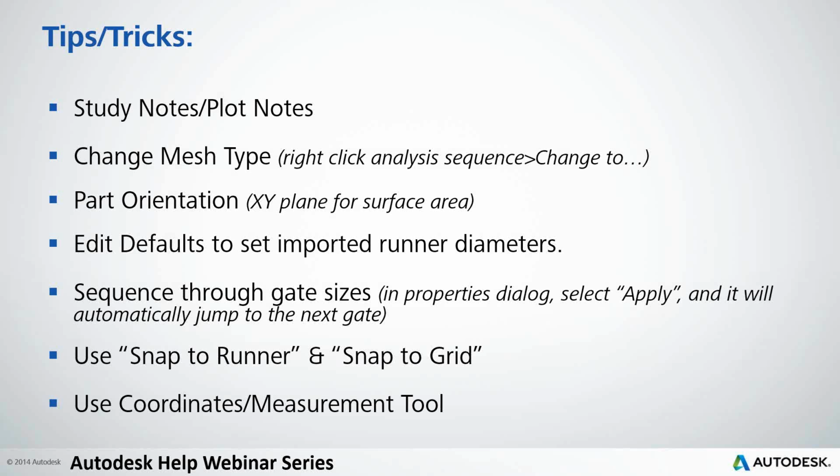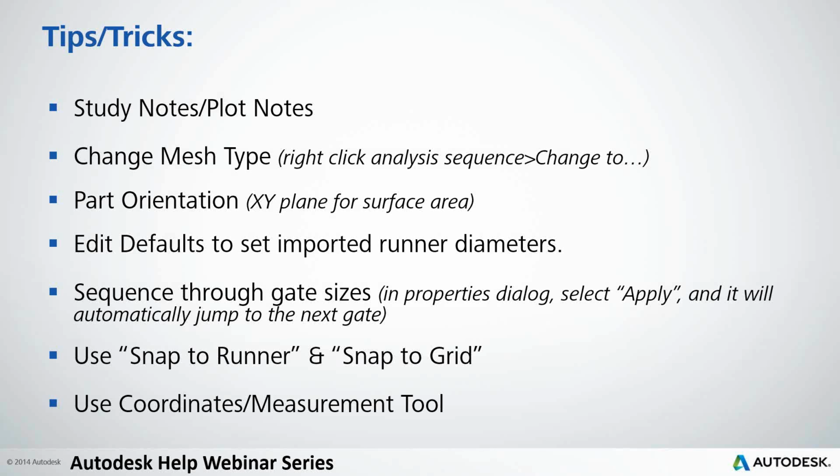And we mentioned sequencing through gates, so basically it automatically jumps to the next gate whenever you're sizing gates in Moldflow Adviser. Using that snap to runner and snap to grid tool whenever you're manually creating runners or sprues or anything like that is also helpful.